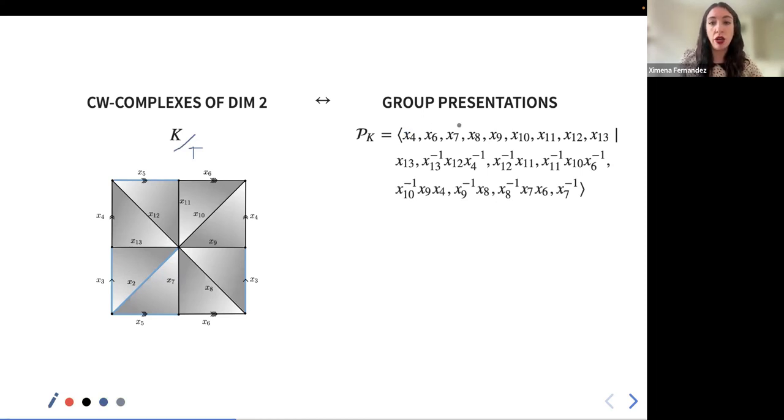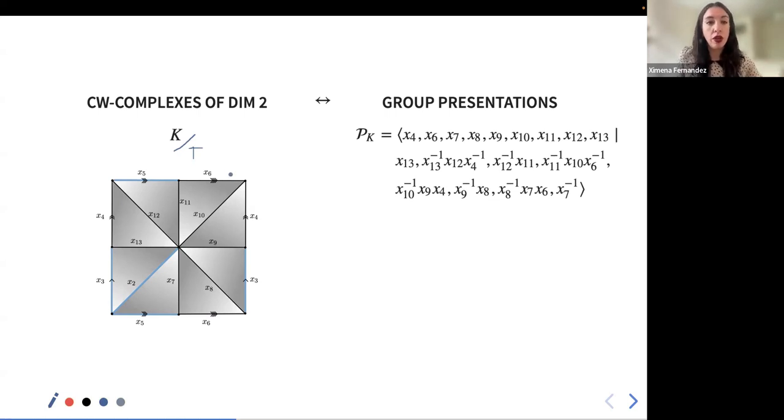So you have one generator for every cell of dimension 1 that is not in the tree, and also one relator for every two cell. In general, these presentations are huge because you have as many relators as cells of dimension 2, and as many generators as cells of dimension 1 that are not in the tree.